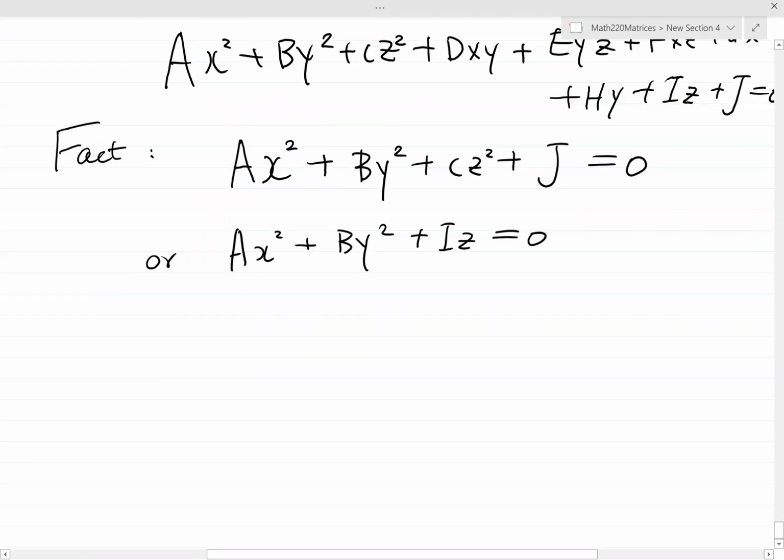I will not explain how to obtain the standard form. Instead, we will give several examples of surfaces in standard form and plot what they look like.